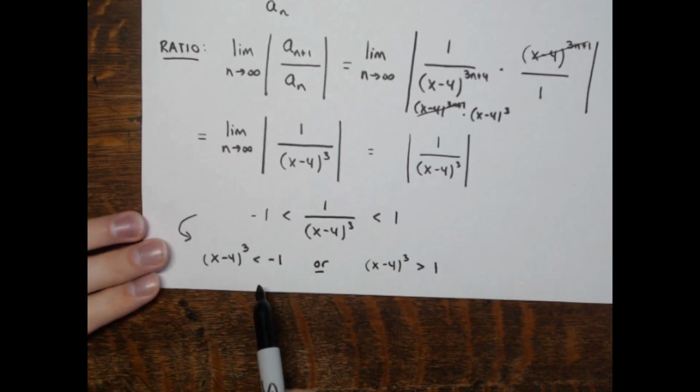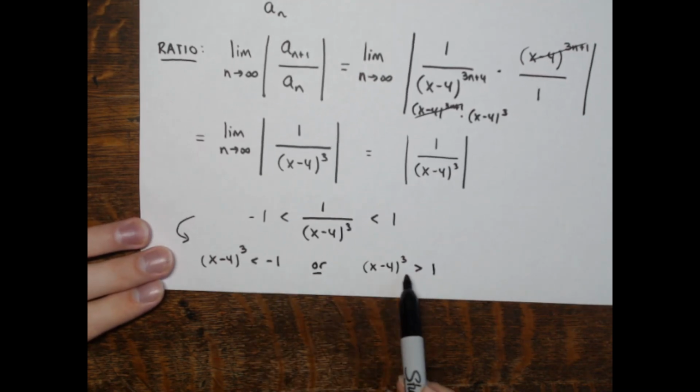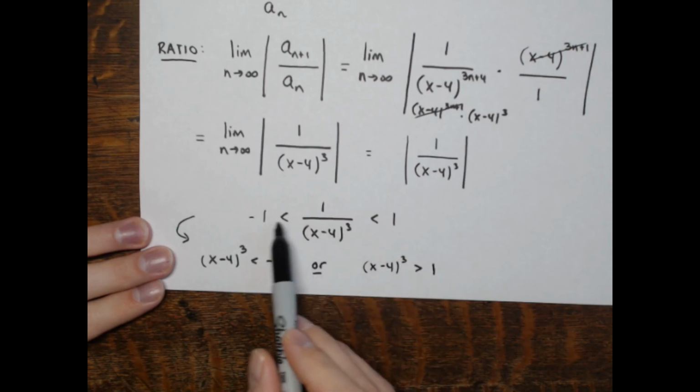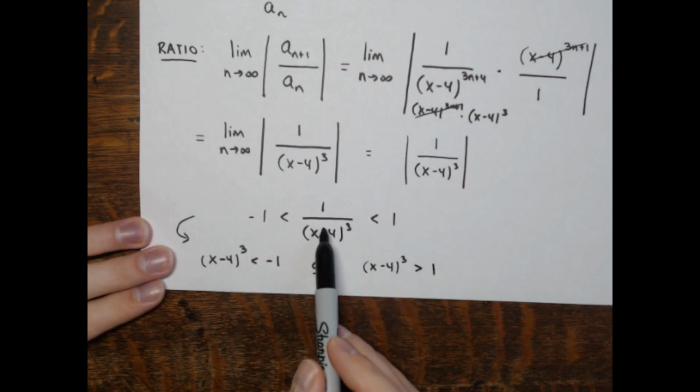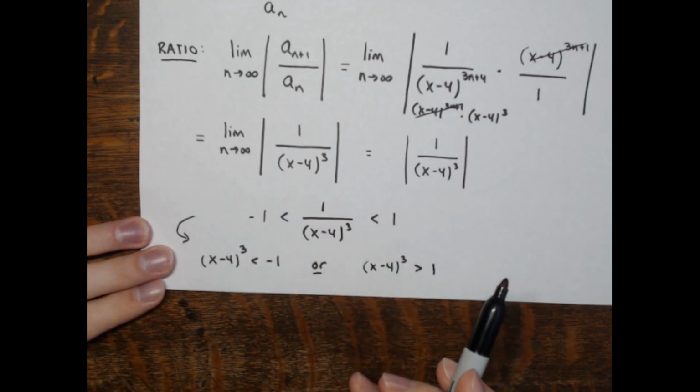And still negative, right? Same thing: if you're greater than 1 and flip, you'll be less than 1 and positive. So definitely greater than negative 1. One of these has to happen in order for this to happen.